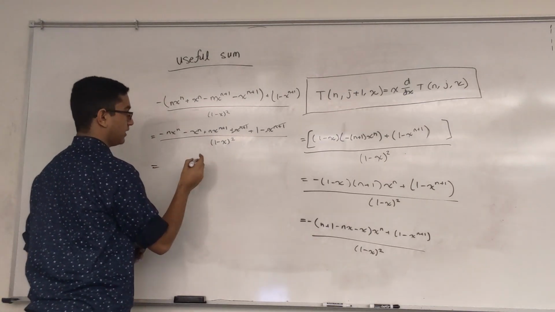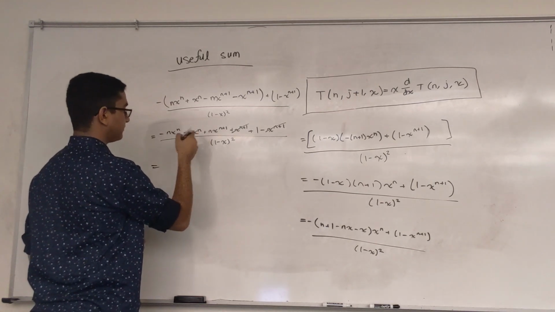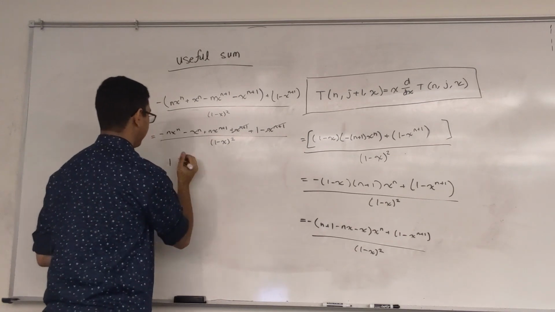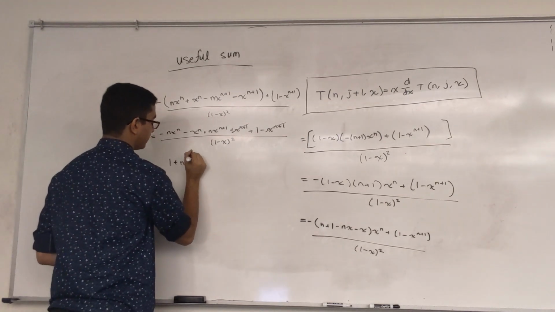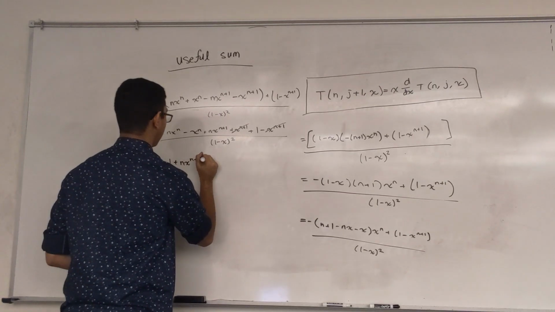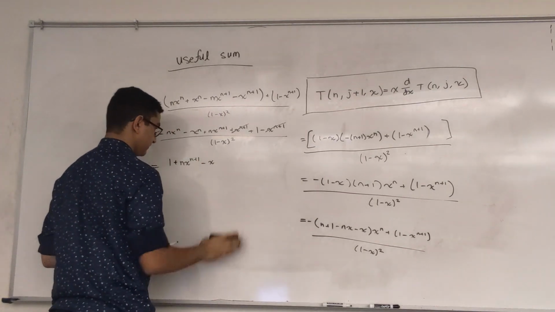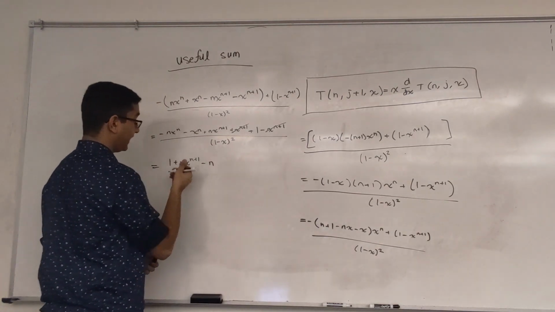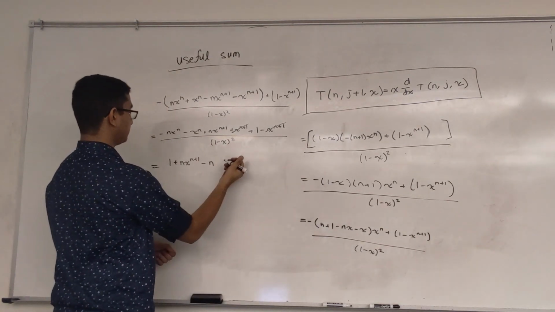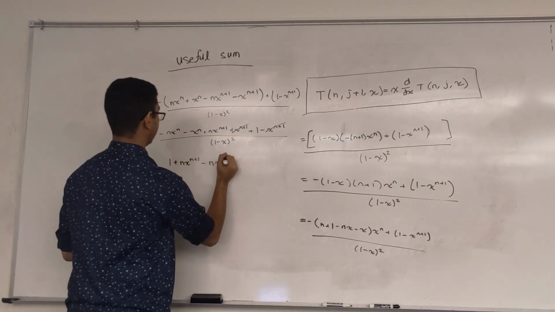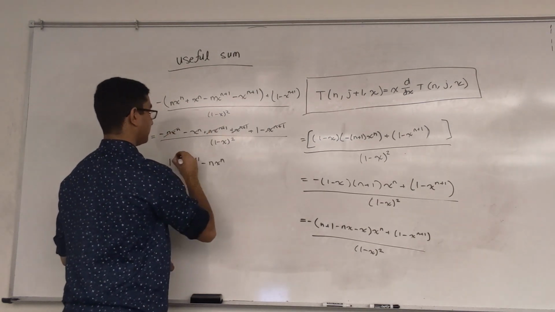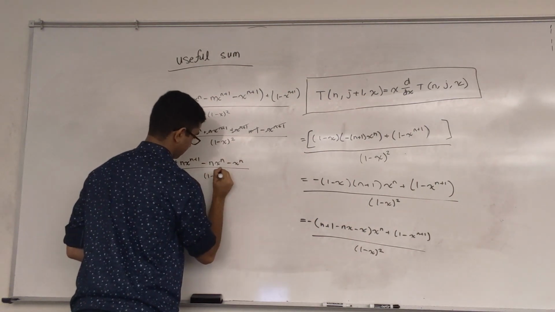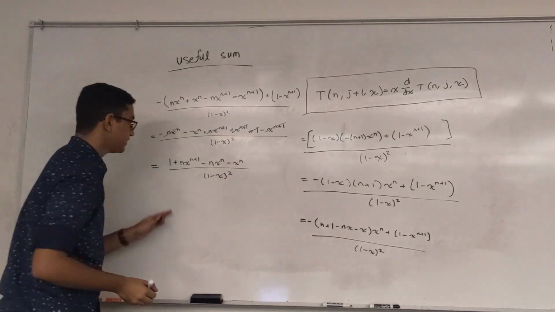So we'll just move 1 out to the end because it's positive. 1 plus nx to the n plus 1, like so, minus nx to the n, so that's that, that's that, and then minus x to the n. So that's a simplified form of the derivative.